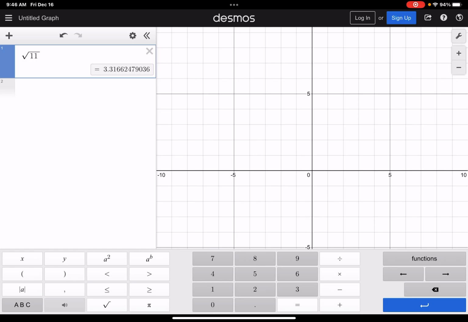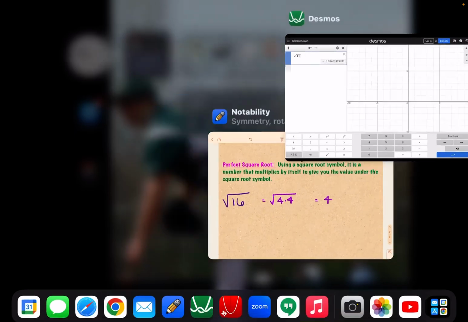Like if I do the square root of 11, there are no 2 whole numbers that multiply together to give you 11, so it gives you a decimal. So that means it's what they call irrational. That means it's a number where the decimal goes on and on forever and doesn't stop on its own or repeat or any of that.